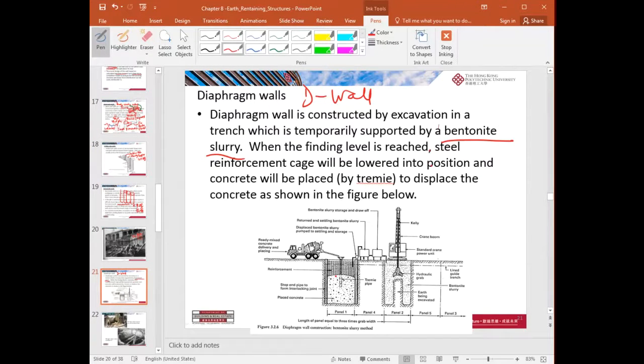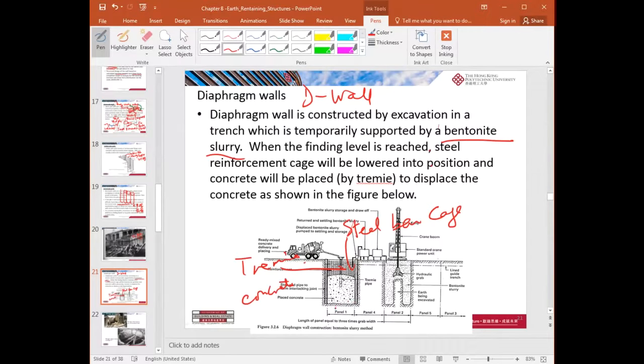And then after the excavation, you lower the reinforcement. You can see the reinforcement, right? The steel bars, cage. And then you use the tremie pipe, right? The tremie concrete, right?